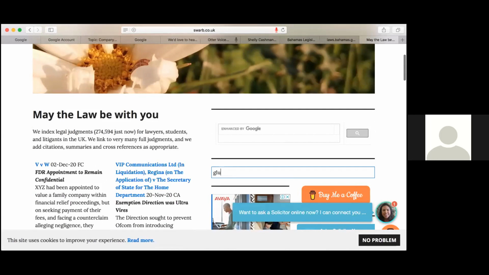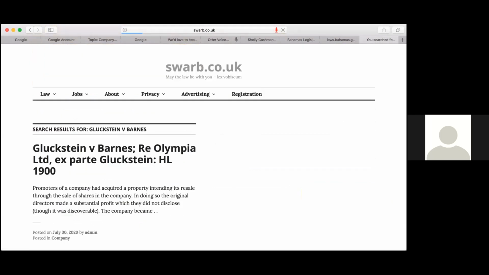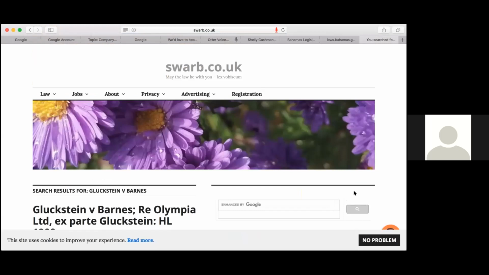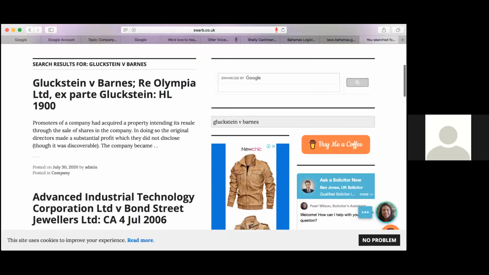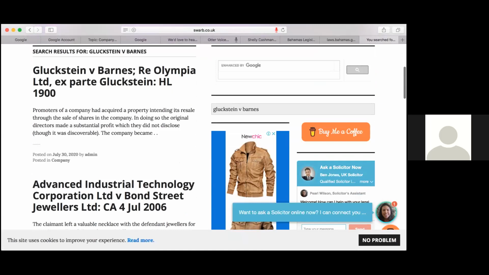So what if a promoter is selling a property? What is his liability? If a promoter is selling a property, he could either have bought it before he became a promoter, or after he became a promoter.